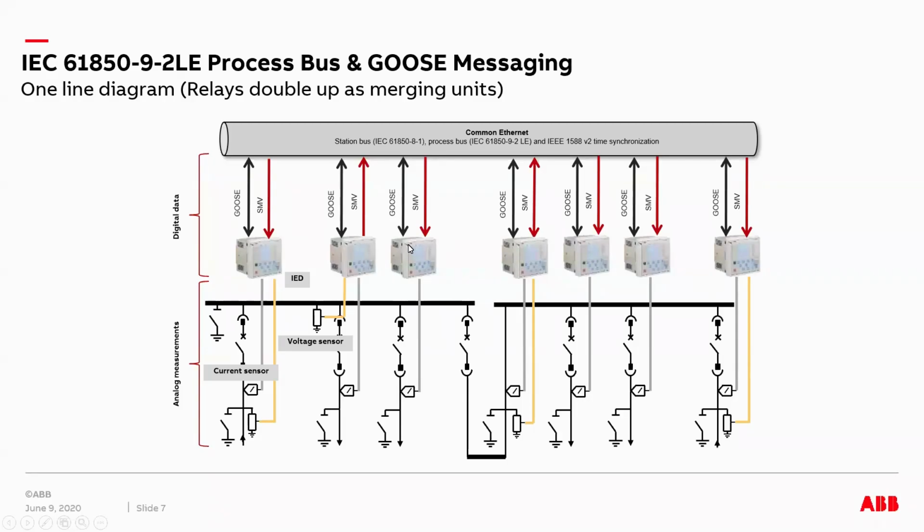Now, with respect to bus B, there is a bus B voltage sensor as well, which is mounted in the tie breaker in this case.